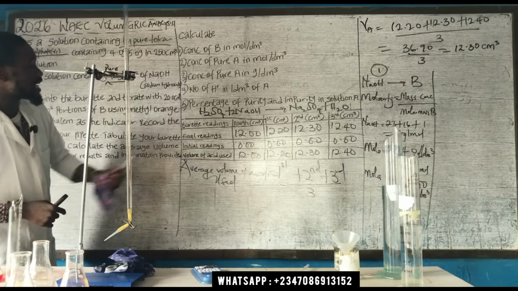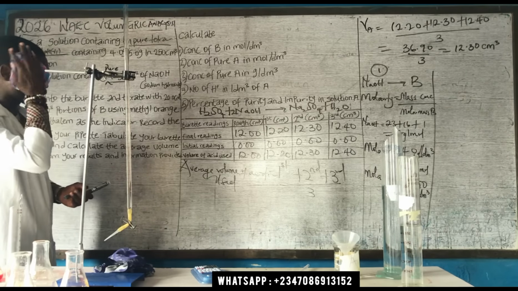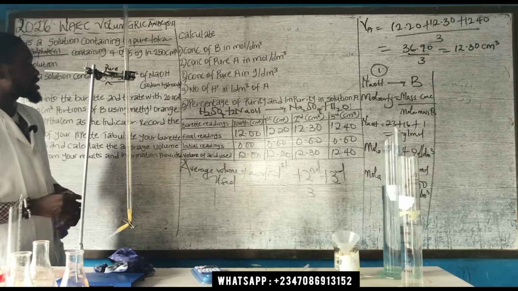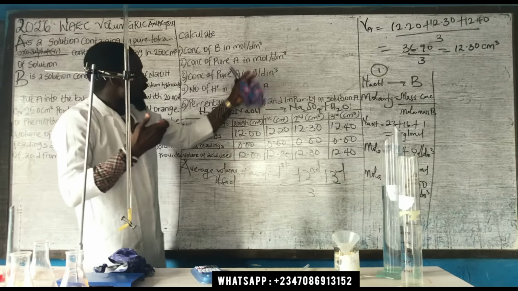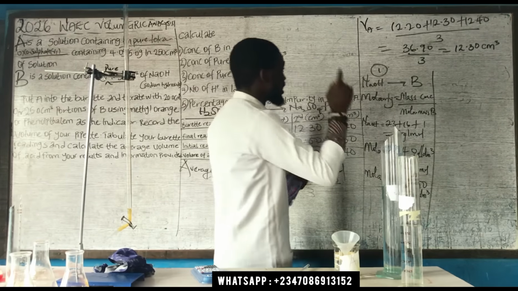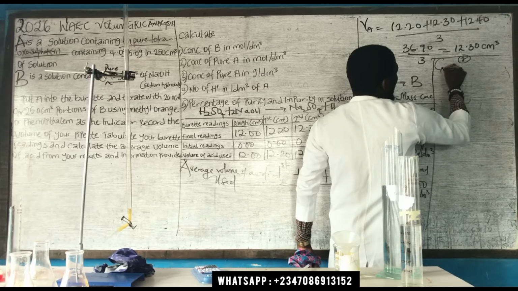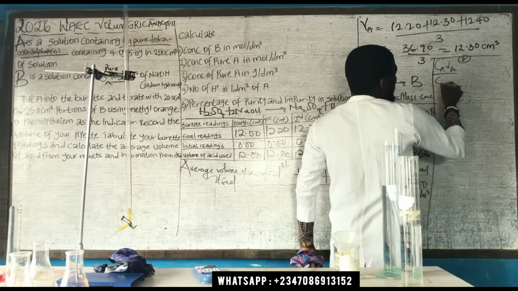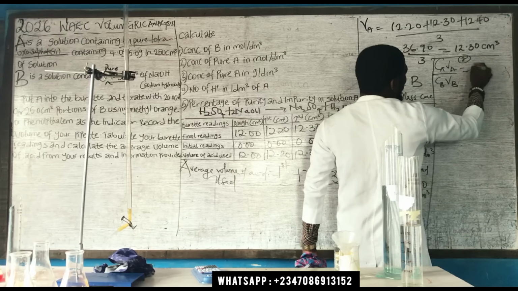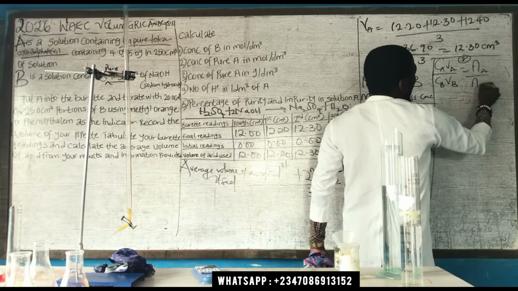This is the equation given. How can we calculate the concentration of A in mole per dm cube? We can use CaVa over CbVb is equal to Na over Nb.